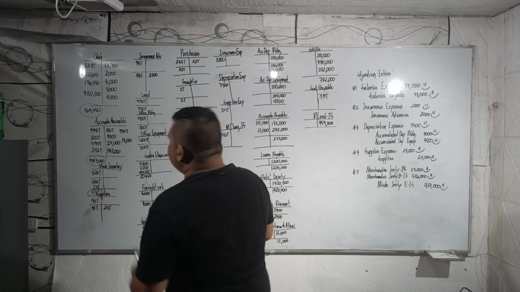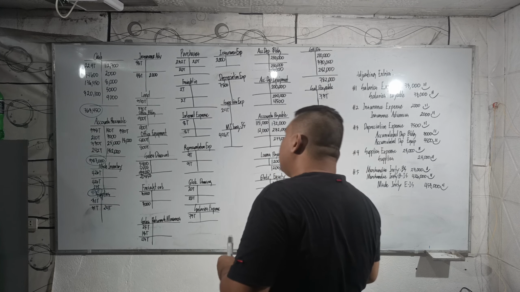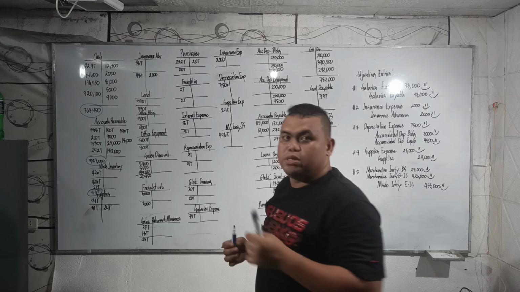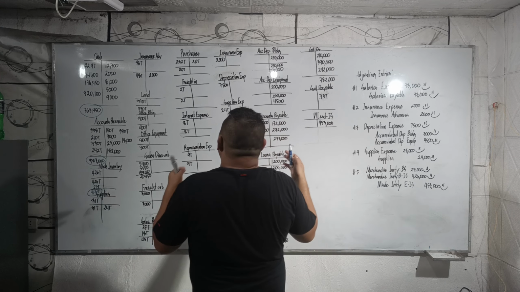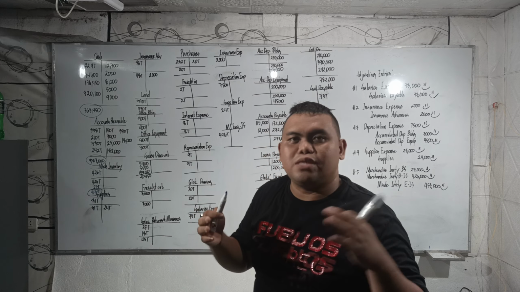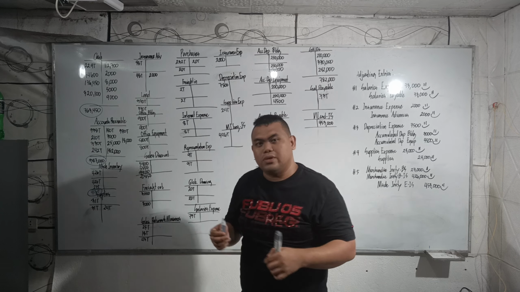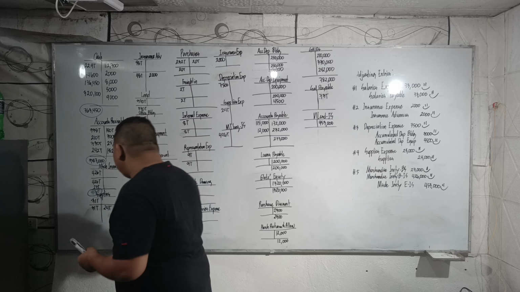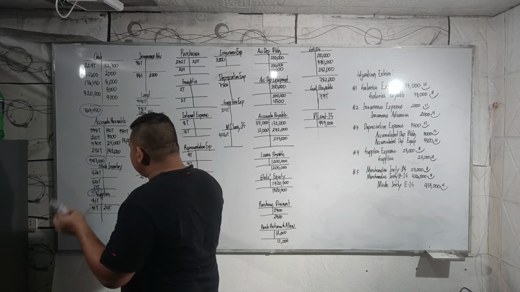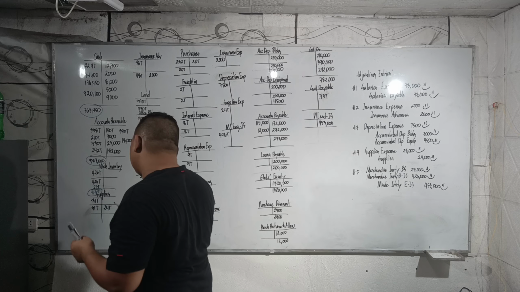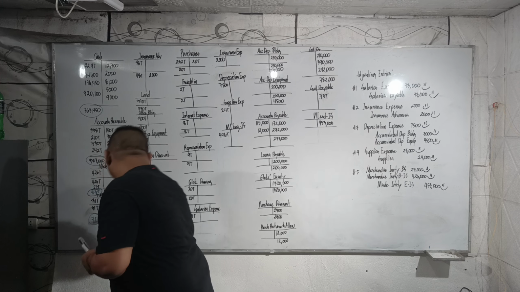From the merchandise inventory beginning balance of 426, it will become 453, and that is the right balance for merchandise inventory. Because again, when the problem was given, it is said there that the ending inventory is already 453. Okay? Now, as to the supplies, according also to the problem, the supplies on hand should be 7,000 only. So, the adjusted balance is 7,000.